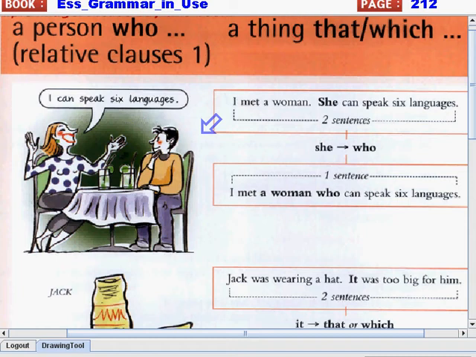Relative pronouns like that, which, who, whom, whose, whichever, whoever, and whomever. A relative clause is a subordinate clause that modifies a noun phrase. Okay, it modifies a noun phrase, most commonly a noun.